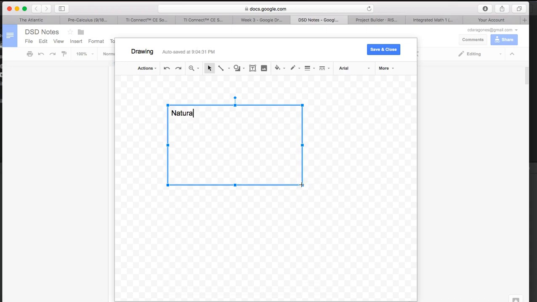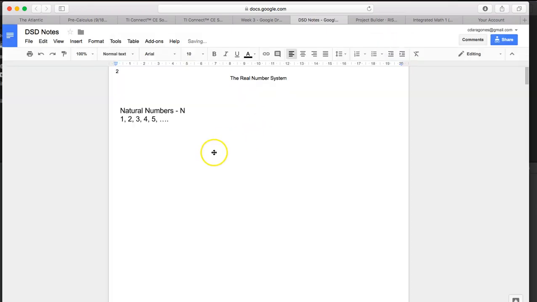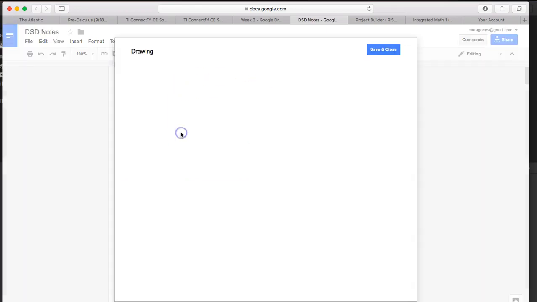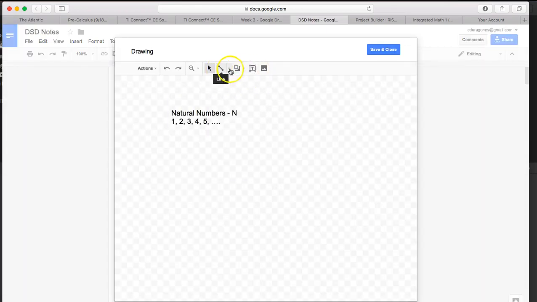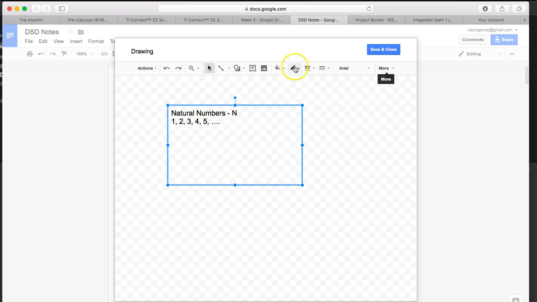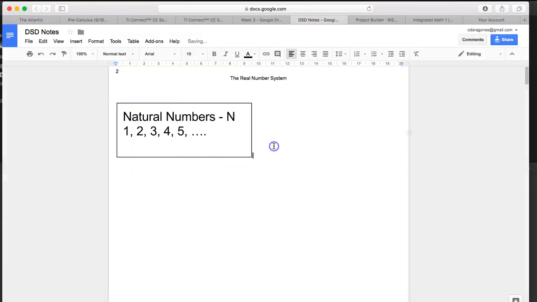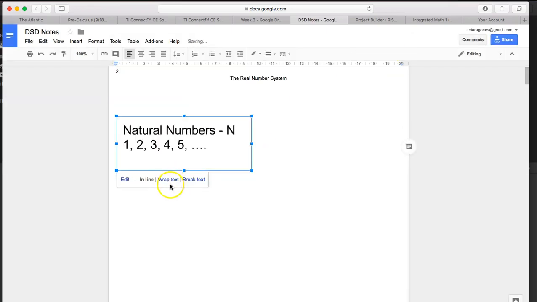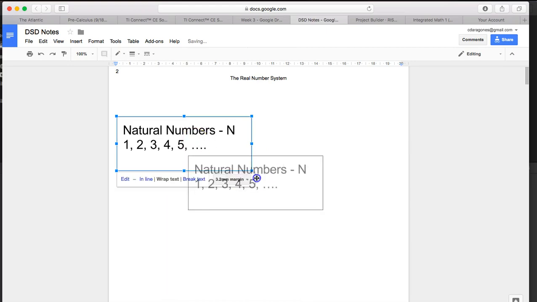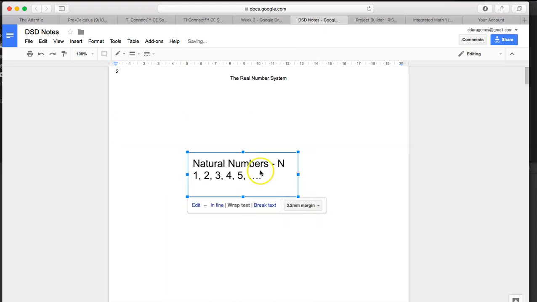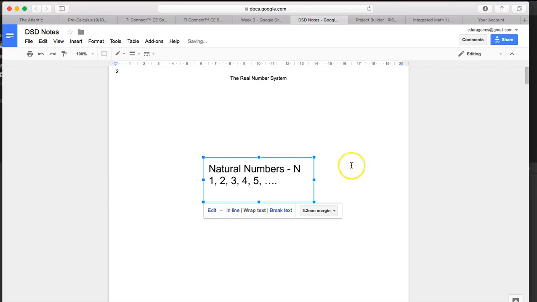That was the natural numbers, usually depicted with a big N. That was your 1, 2, 3, 4, 5, etc. So it's like this bucket of natural numbers, and we have these following numbers that belong in the bucket. Natural numbers, 1, 2, 3, 4, 5, etc.